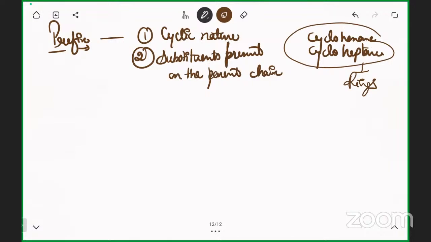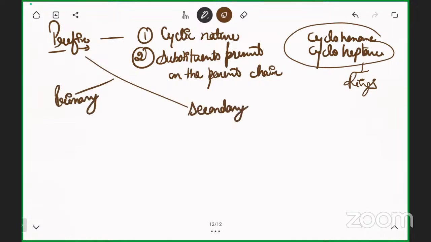Okay, so again, prefix is classified into two categories: primary prefix and secondary prefix. What is primary? Primary represents the root word, or cyclo if cyclo is present. For example, I'm having a compound with 1 carbon, 2 carbon, 3 carbon.